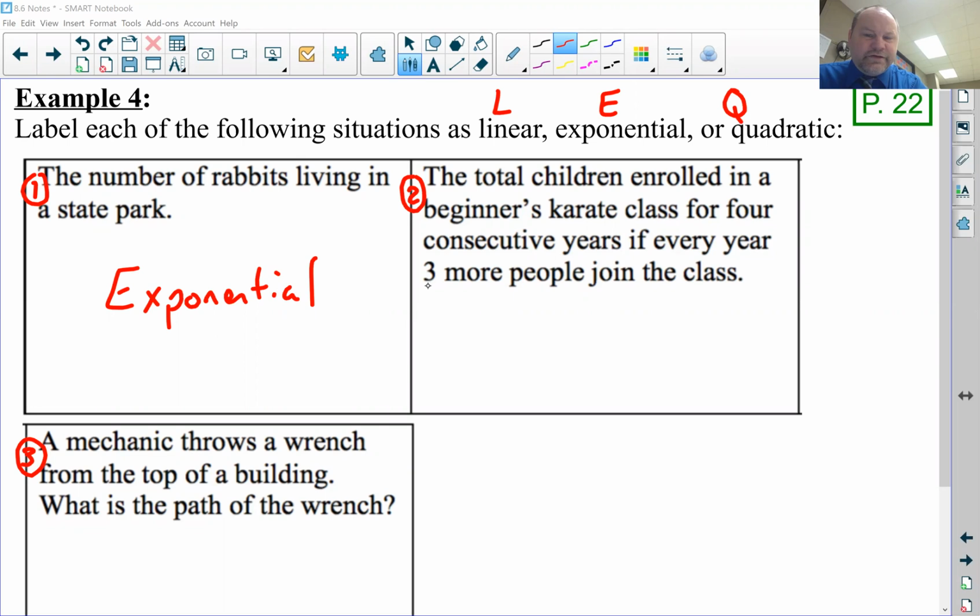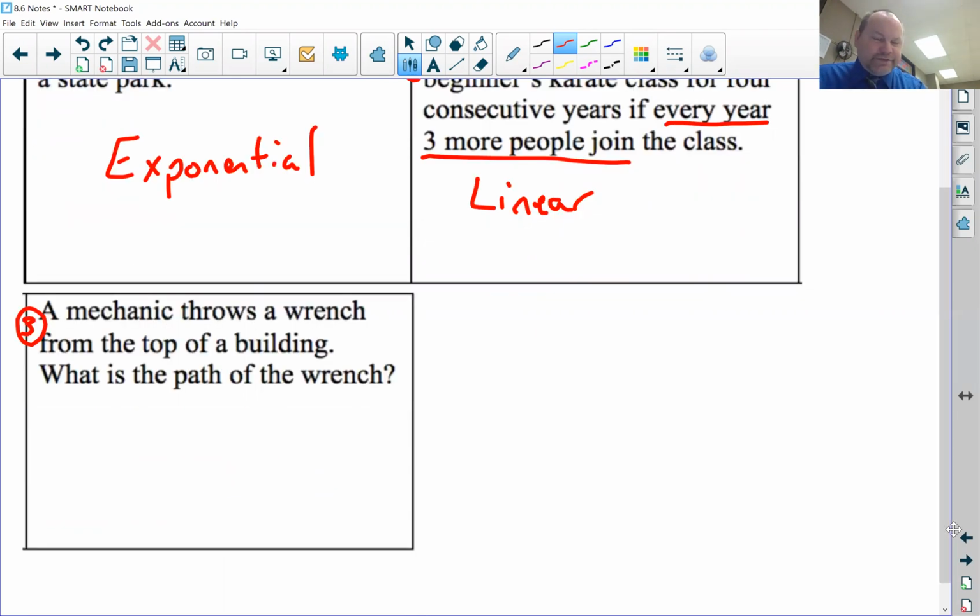Here, the key is 3 more people every year. 3 more people join. That's a constant rate of change. That would be linear. Throwing a wrench, that's our vertical motion. So this one is quadratic.